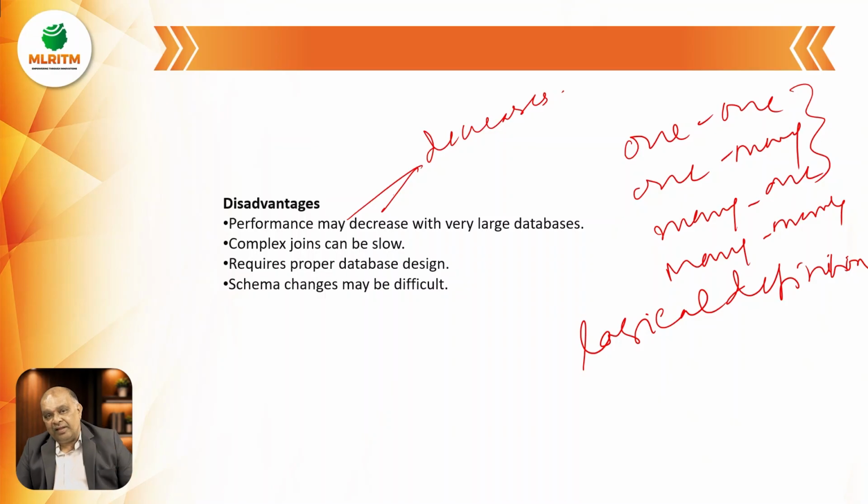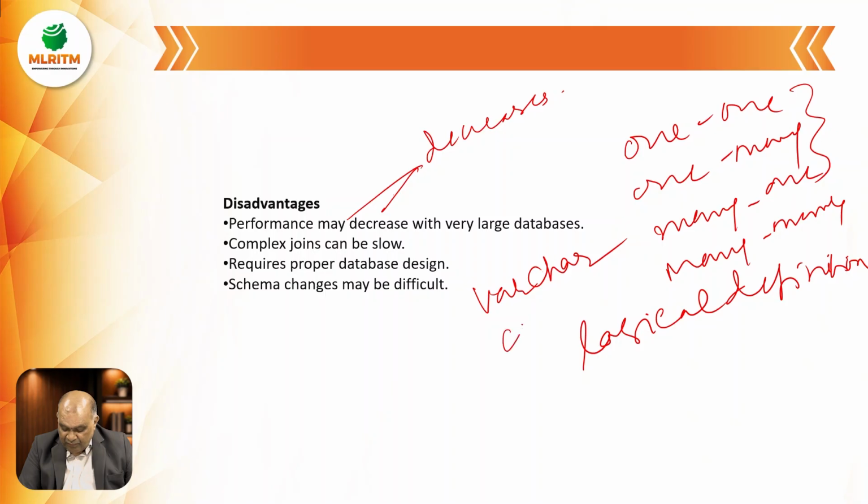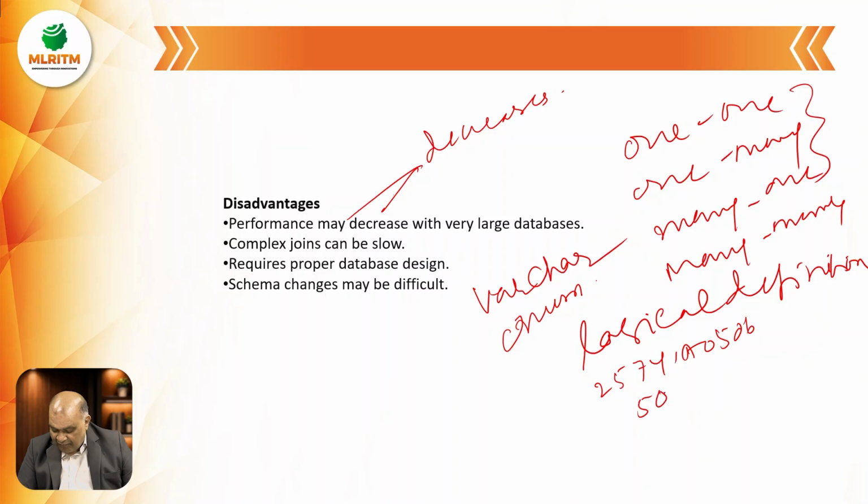In one table I have given the student ID as varchar. In another table I have given the student ID as only numbers. Varchar means I can have a combination like 257y1a0, like that. When I define it as a number, it is 506.